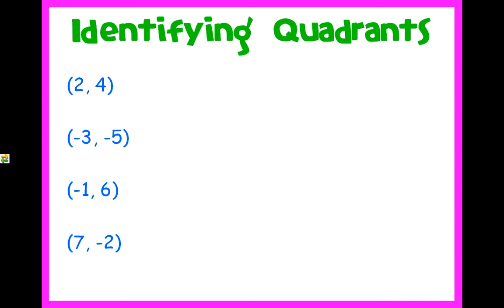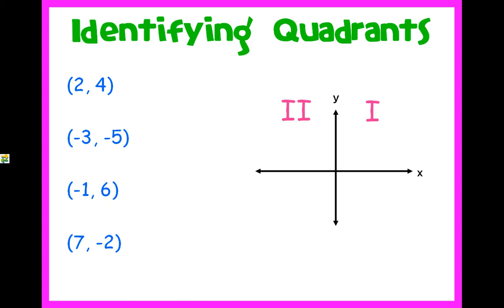But for this, I am going to draw a little visualization here that will help us out. I'm going to draw our coordinate plane, just kind of sketched out, and I'm going to identify my quadrants so I know where they are, just as a reminder. Quadrant 1, 2, 3, and 4. And also remember that in quadrant 1, you're moving right, up, so that's positive, positive.